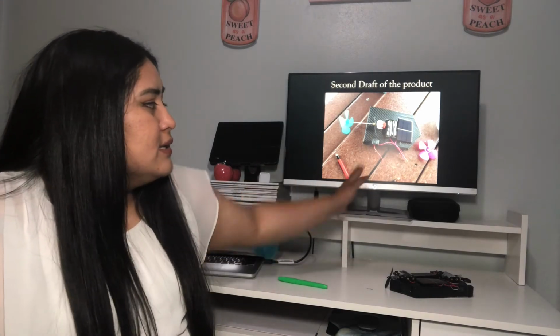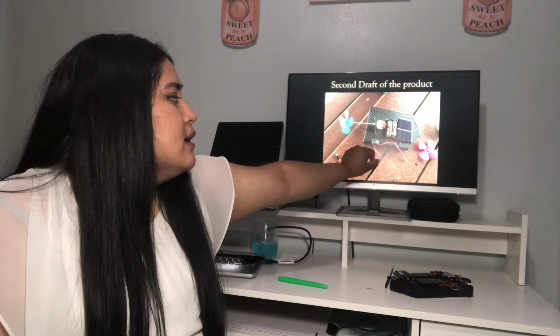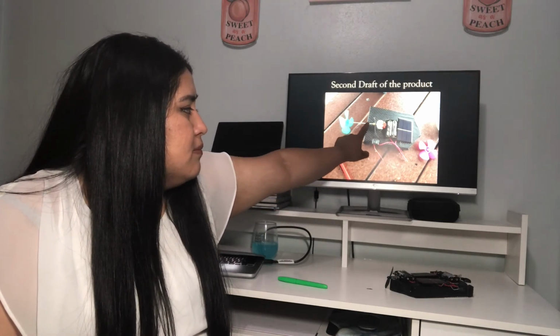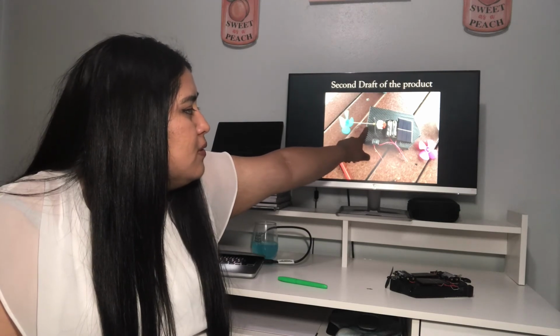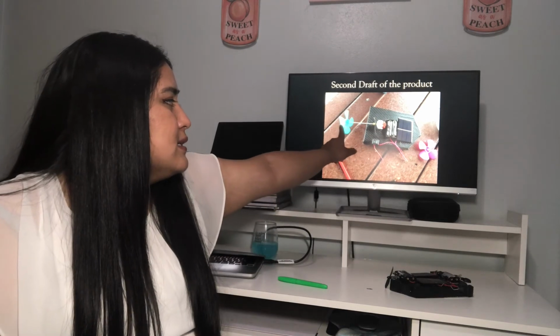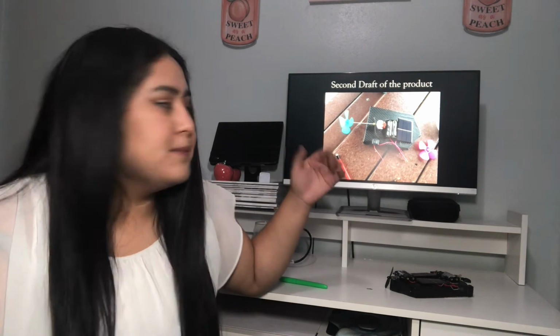As you can tell, it is a little bit bigger here. We still kept the same design. The only difference is that we moved the motor from the edge of the boat closer towards the middle, yet still kept it slanted so that the propeller would work and be in the water.